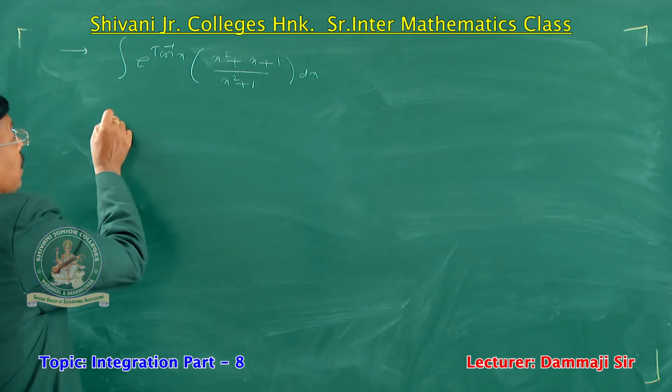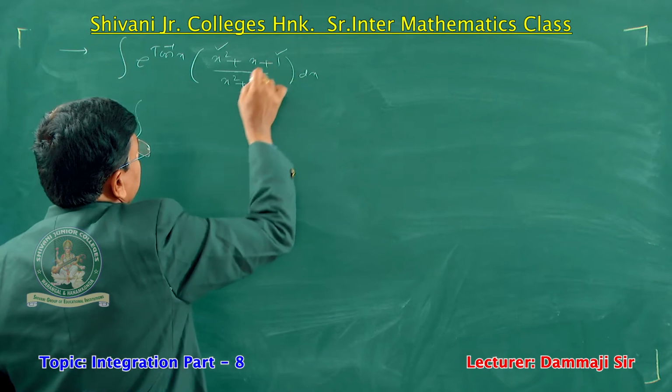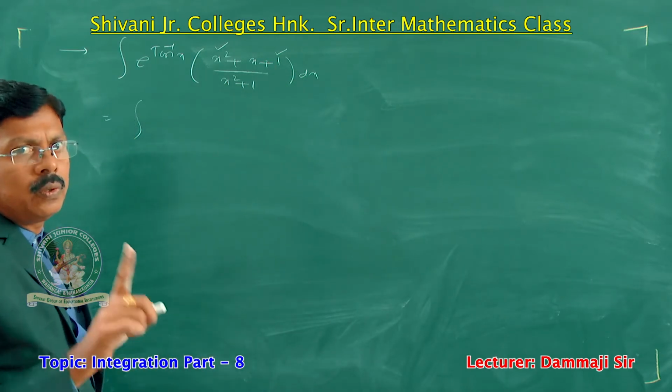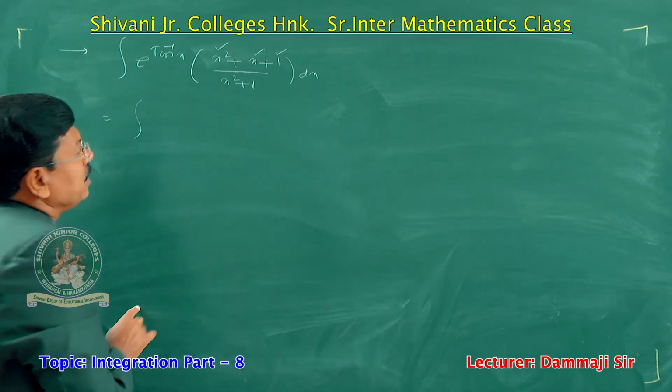Next you can observe the formation: x square plus 1 by x square plus 1 results in 1. Next, x by x square plus 1 is there.